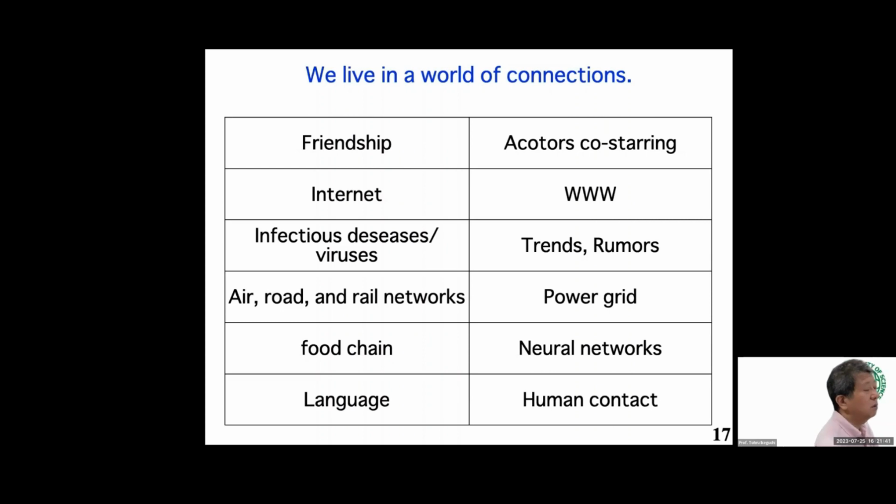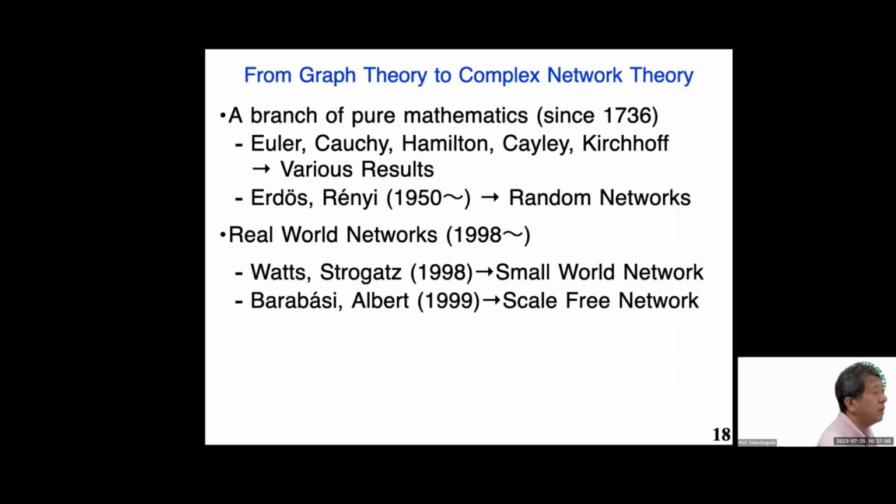So as you know, graph theory is a theory for analyzing these connections or graphs or networks, which is the starting point for complex network theory or network science as we know it today. It is said that graph theory began with the Königsberg Bridge problem solved by Euler in 1736.